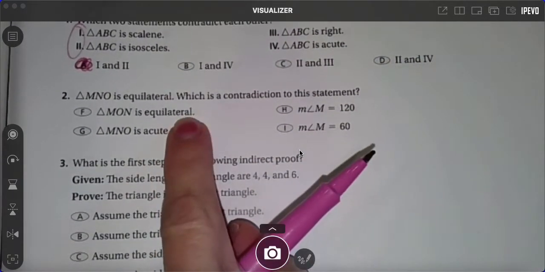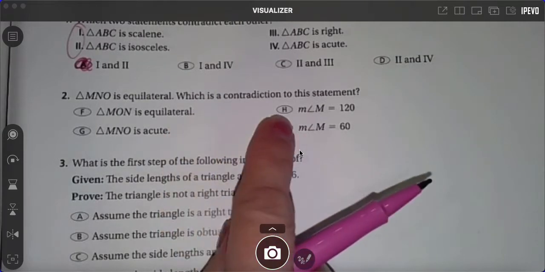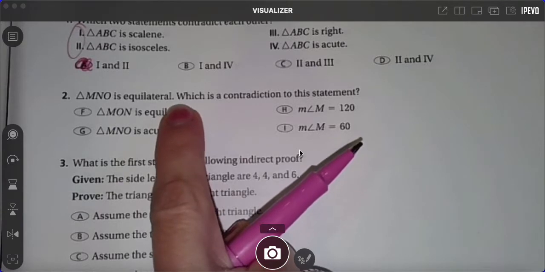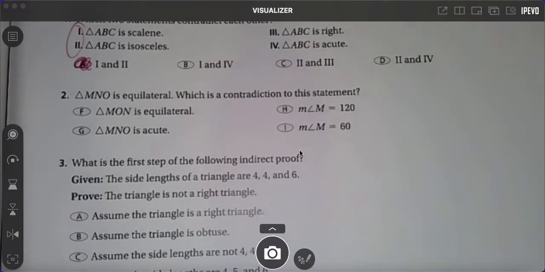MNO is equilateral. What's a contradiction to the statement? If the triangle is equilateral, all the sides are equal, and from that we would know that all the angles are also equal. So what are they? What's the measure of them? 60.